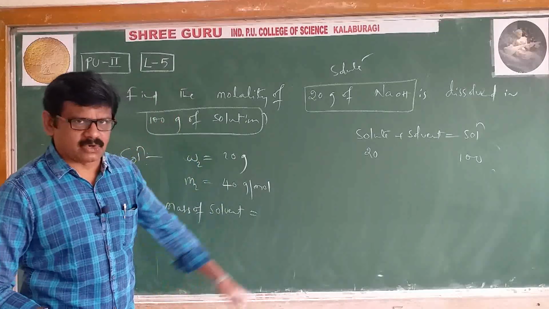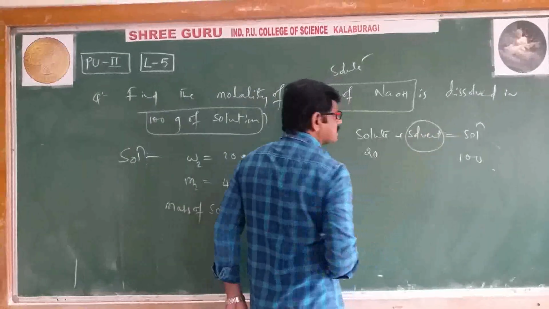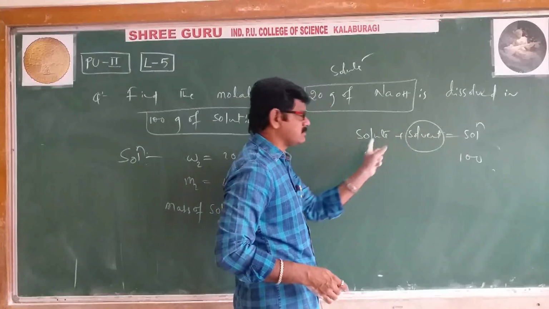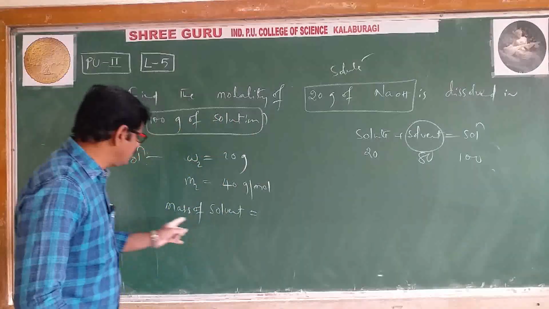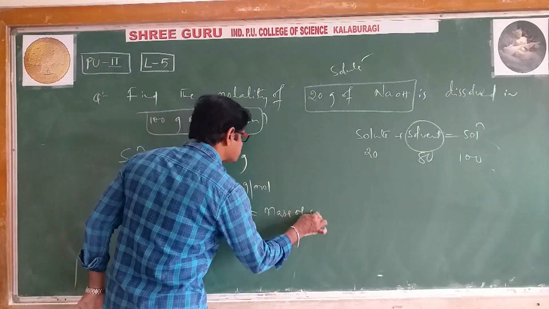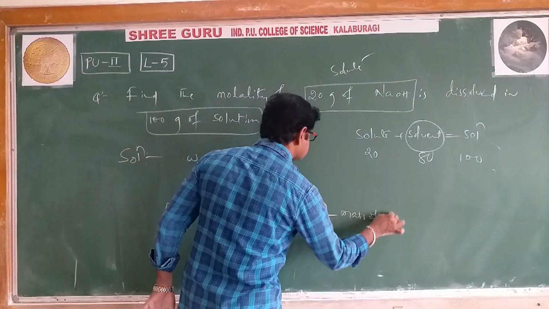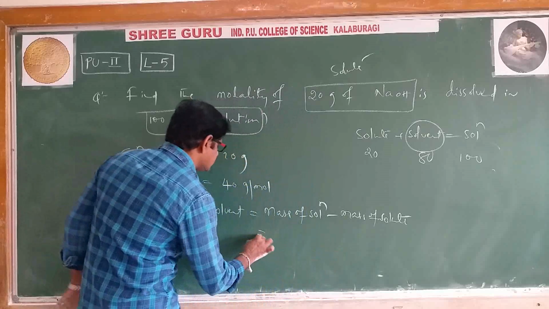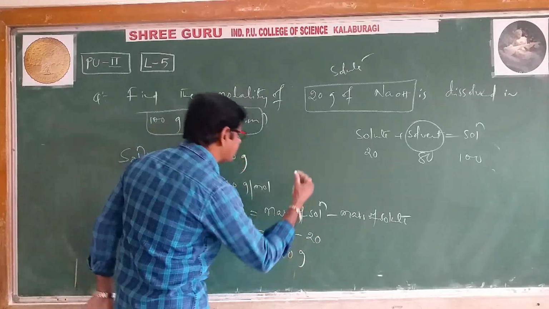From that we can calculate the solvent mass: solution mass minus solute mass. That is what we are doing now. Mass of solvent is equal to mass of solution minus mass of solute, which is 100 minus 20, equal to 80 grams.